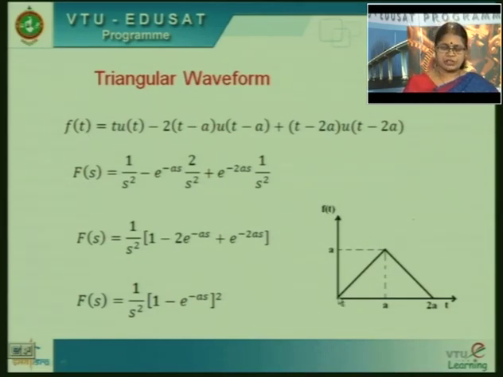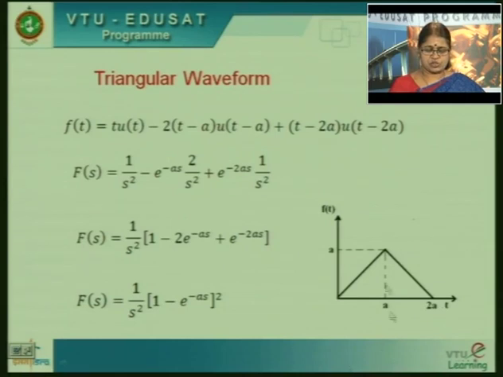Here we can get this segment easily by having a ramp signal of slope unity. Now, as I told you in the beginning, when you add ramp signals, the slope of the resultant signal can be obtained by adding the slopes of the two ramps involved in the summation.